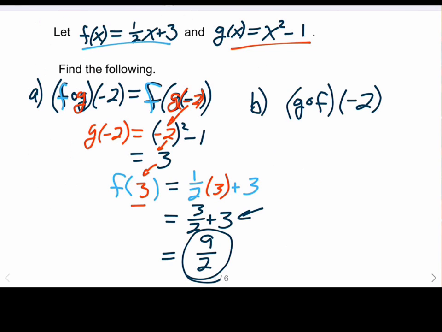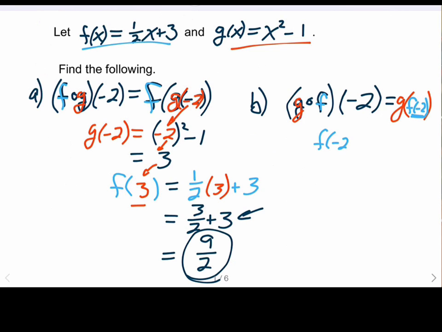Next we're going to look at g composed with f of -2. Same input, but we're reversing the order. And so again, this is going to be written as g of f of -2, for which we first need to find f of -2.